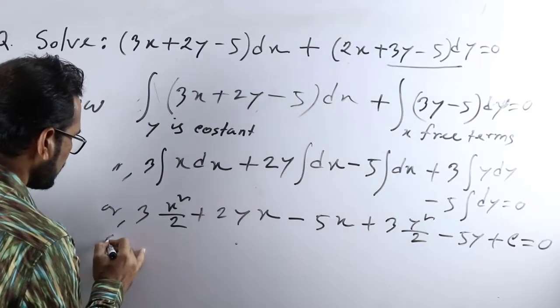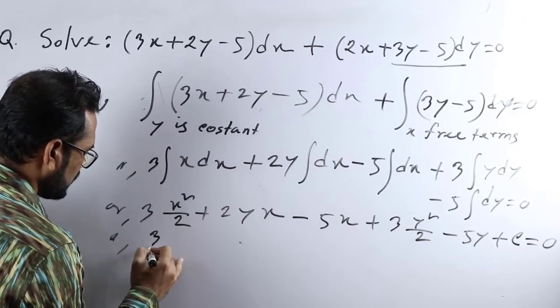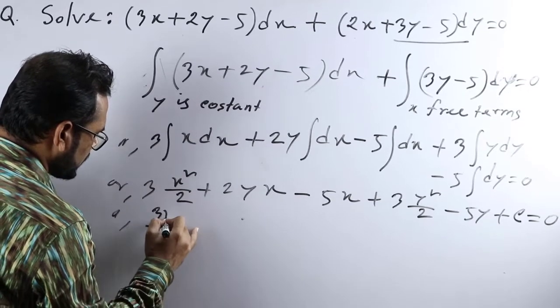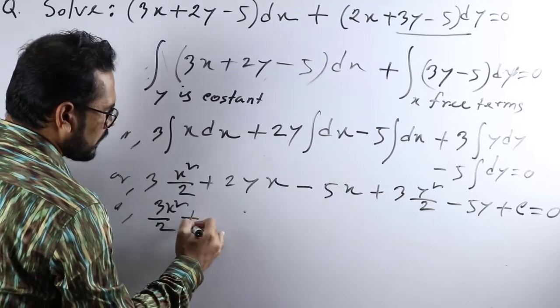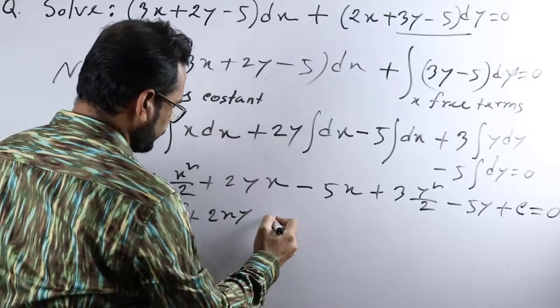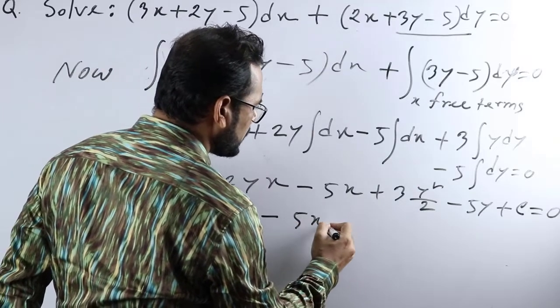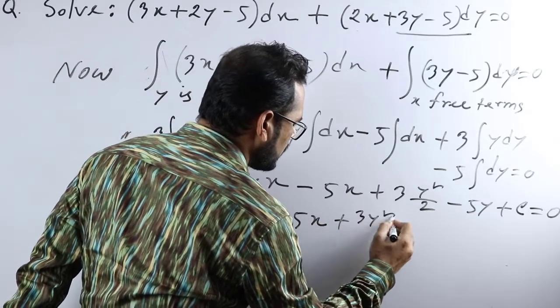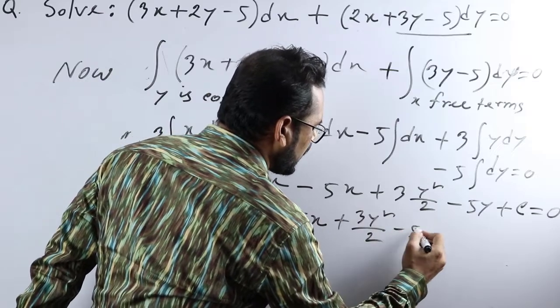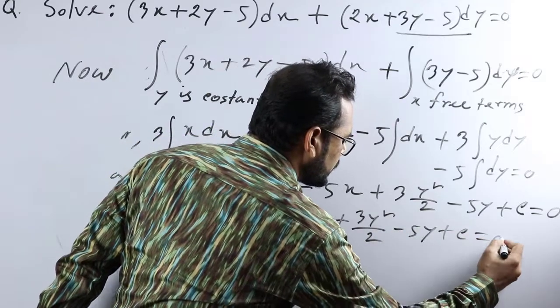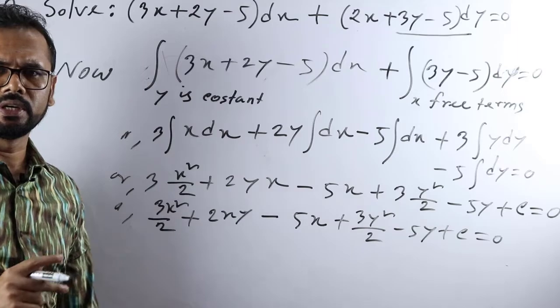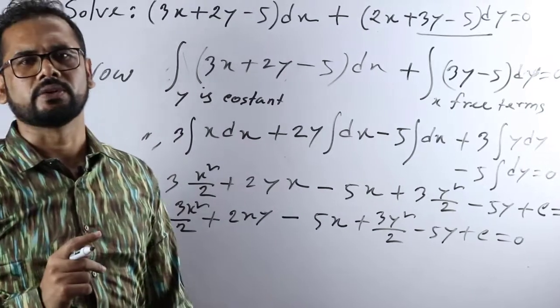After that, we can write down 3x squared divided by 2 + 2xy - 5x + 3y squared divided by 2 - 5y + c = 0. This is our desired solution of the given differential equation.